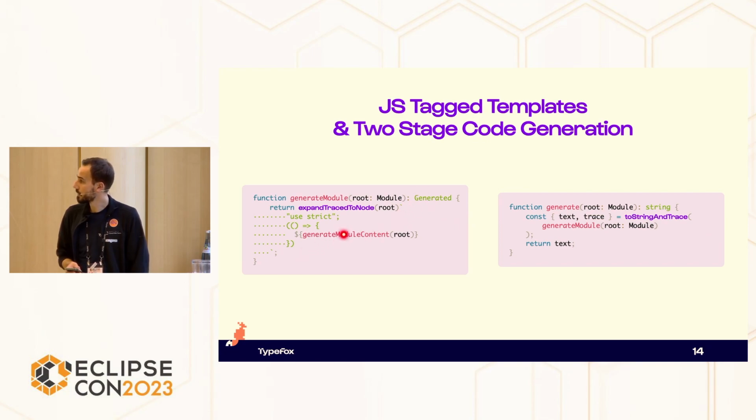And this function basically does what expand to node does, plus adding tracing data, so adding data where this is defined. And of course, at the end, we again need to gather this one and query it and evaluate it and do whatever we need to do with it.